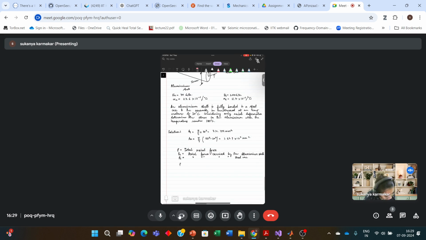So external force is equal to PA plus PS, but external force is 0. So PA is equal to minus PS.